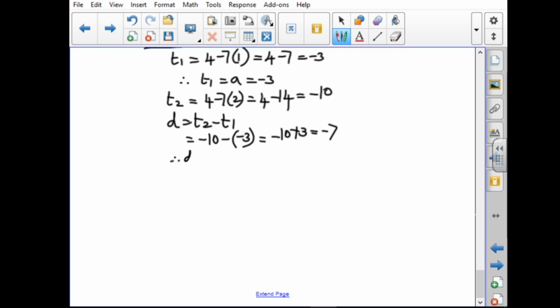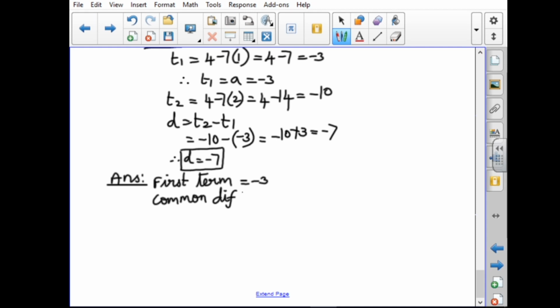That is D equal to minus 7. So answer, first term equal to minus 3, common difference equal to minus 7.